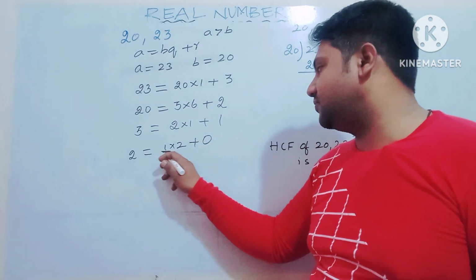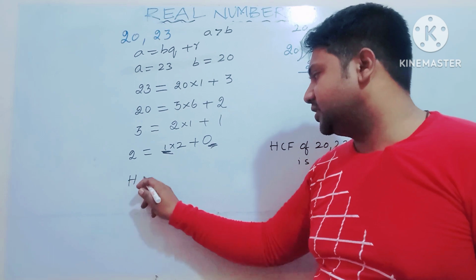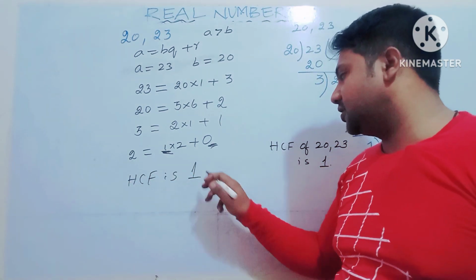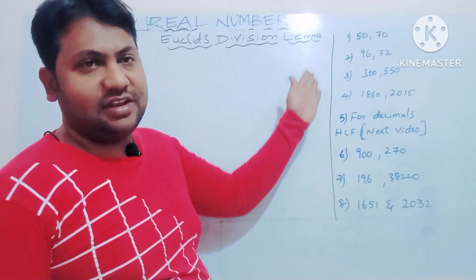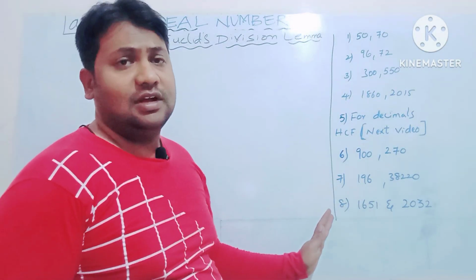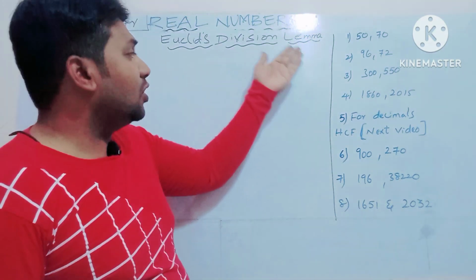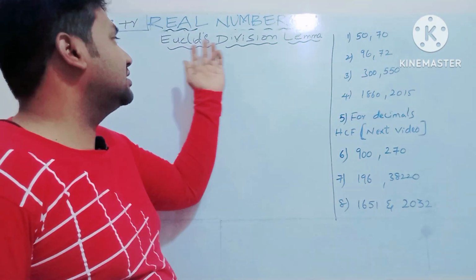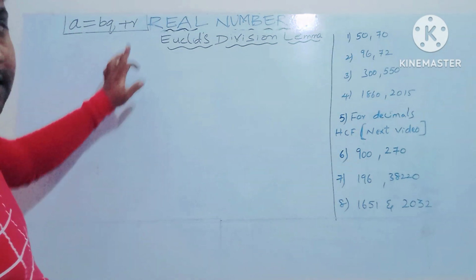So what is our HCF? Where the remainder becomes 0, our HCF is 1, which is given in your 10th class mathematics textbook. So we should solve these and find HCF by using Euclid's division lemma, that is A is equal to BQ plus R.